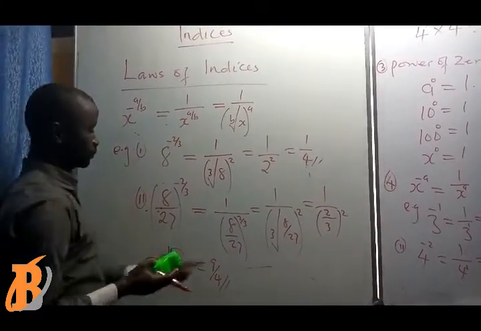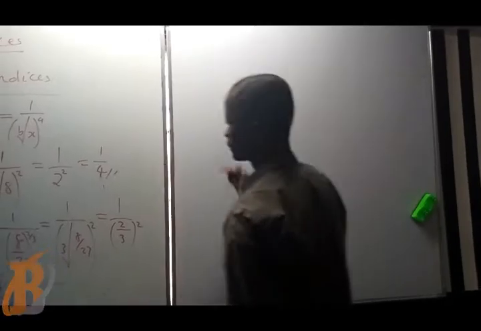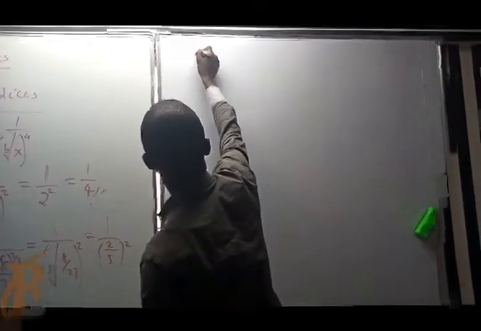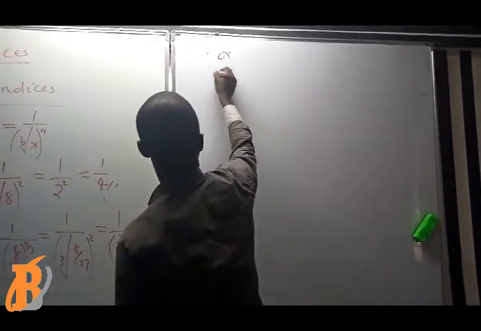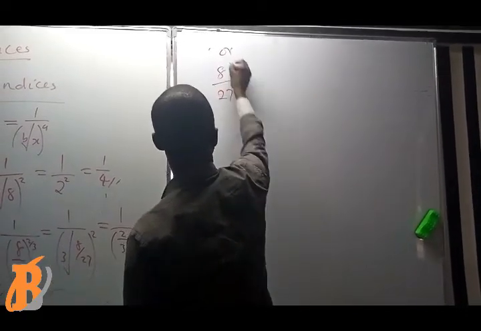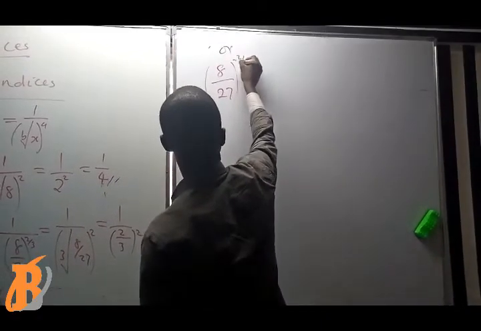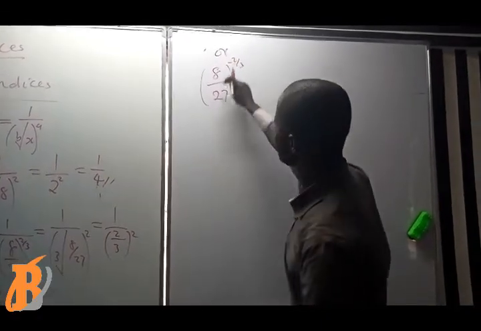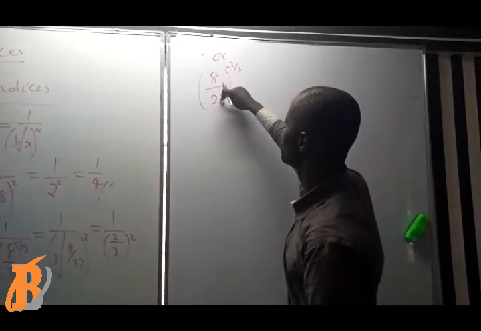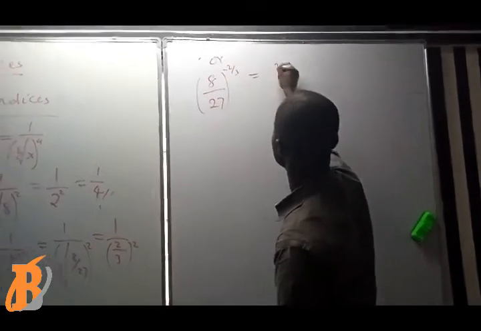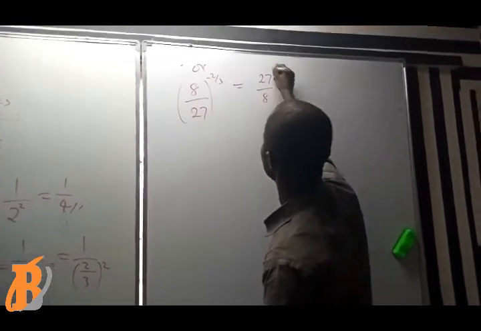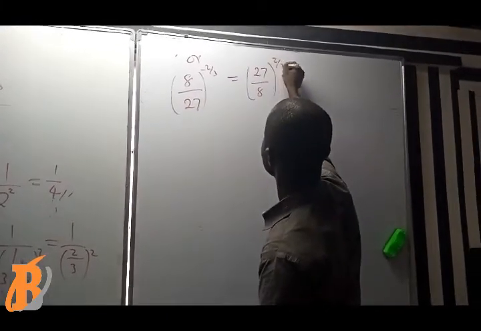Now, if you don't want to follow this principle, then the second method is this. You have 8 over 27 raised to power minus 2 over 3. Change the denominator to numerator, and then the minus will go, equal to 27 over 8 raised to power 2 over 3.